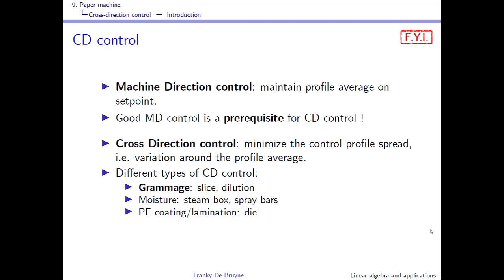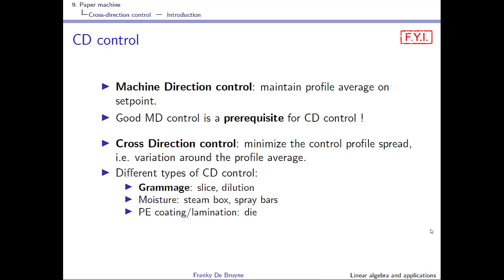As I've said, I've skipped the section about MD control, and I will focus on CD control, cross direction control. Machine direction control is about maintaining the profile average on set point. Of course, MD control is kind of a prerequisite for CD control, so you should give it certain attention.